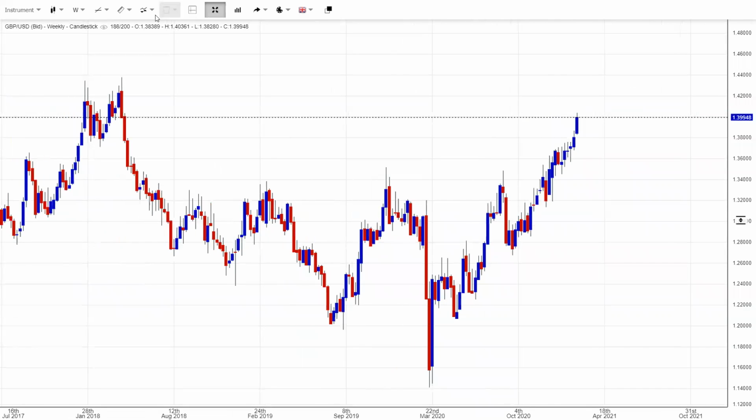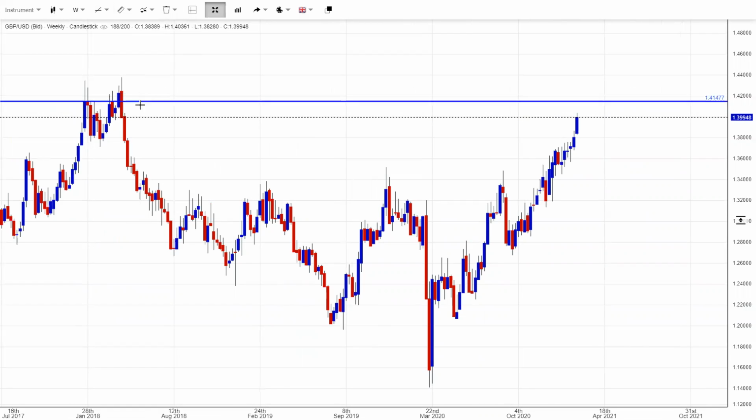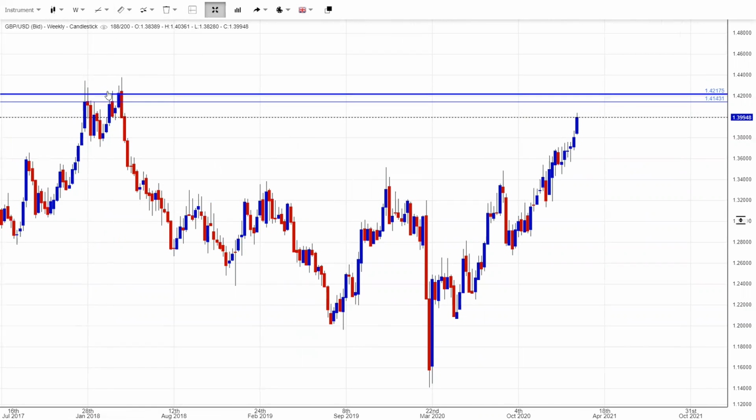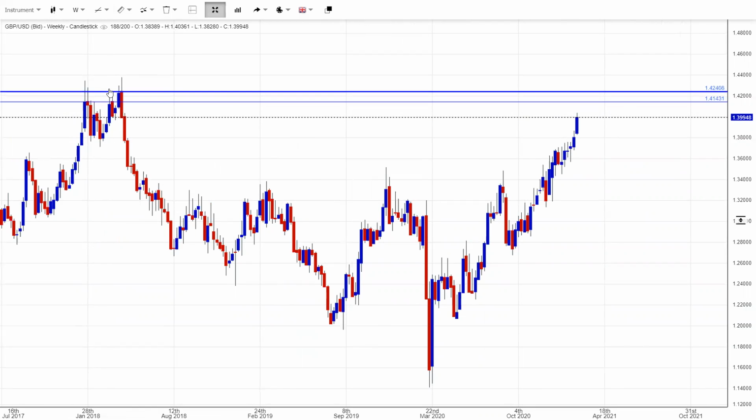What we do is look to our left, and any one of these levels at the top would be potentially where we'd be looking out for a major sell move, because a lot of selling activity in the past here reflects potentially heavy selling in the future when it gets back to this point.